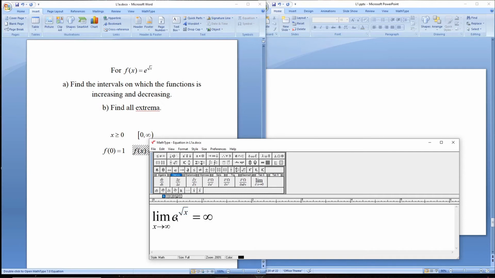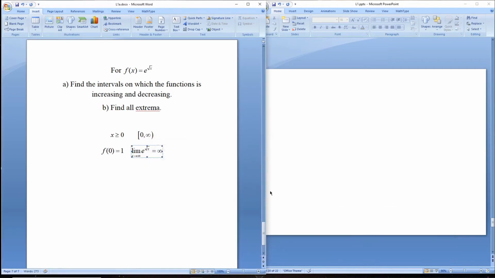So a number raised to a larger and larger number is going to infinity. Now, this 1 right here doesn't tell us anything yet because we don't know what the critical numbers look like. However, the infinity does tell us there's no global max, because it's going to infinity. There's no largest number, no global max. And let me just separate that. So we can conclude that from the endpoints: no global max. Can't do anything with this 1 yet, though.